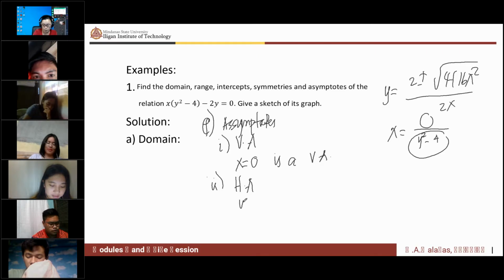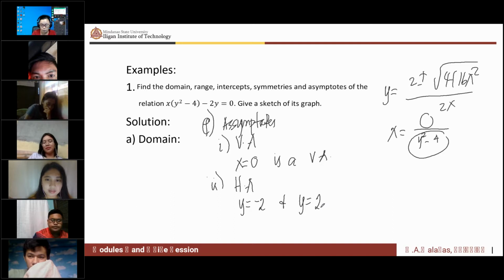So we have y equals negative 2 and y equals 2. Just look at the equation that we had when we solved for the range. Okay, so we have this information.